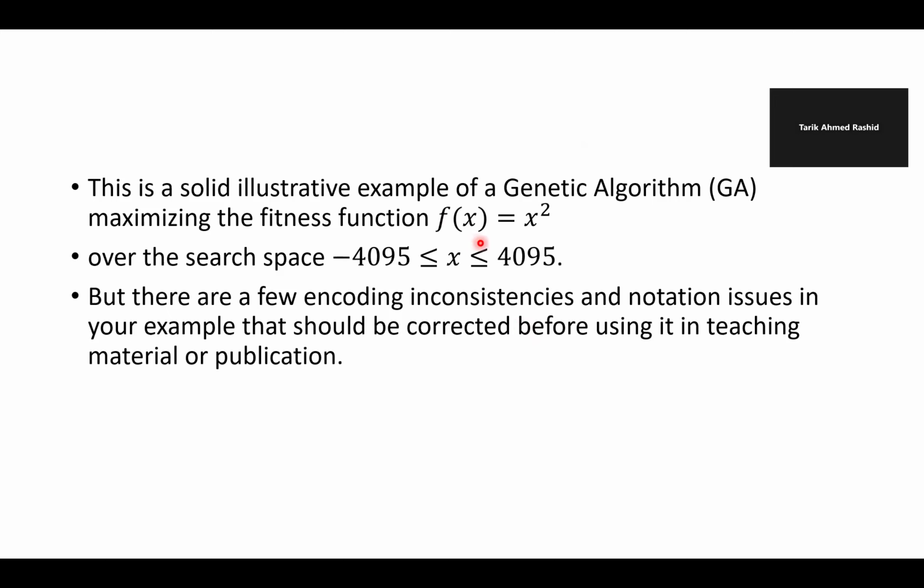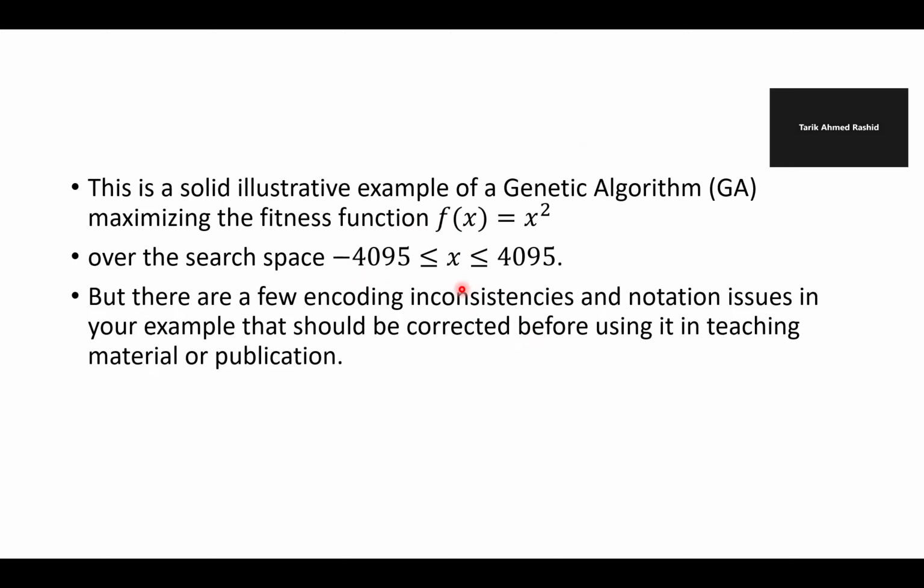Now, this is the practical example that we have. We have a fitness function x squared, and x goes between minus 4095 and 4095, less than or equal to 4095. So positive, negative 4095.